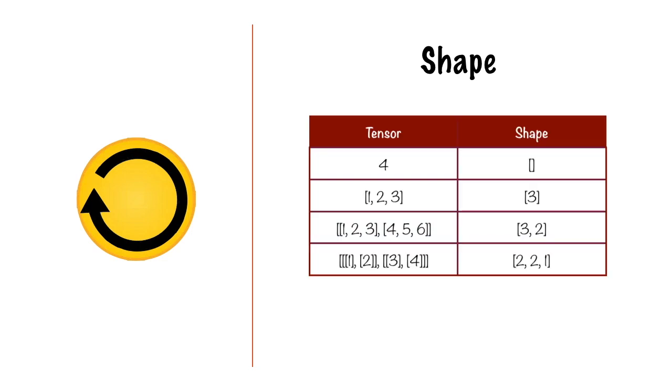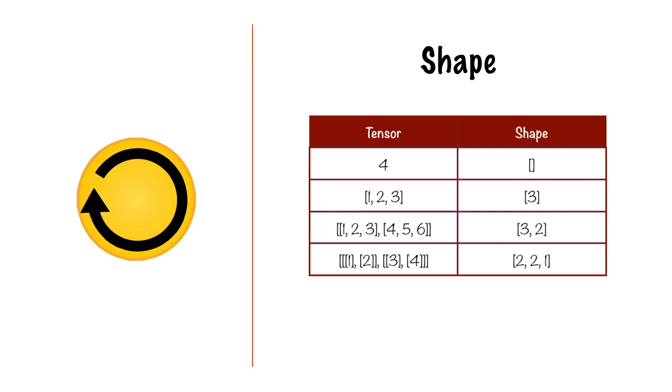The shape is a property of a tensor which tells us how many elements exist along each dimension. Now, in reality, there can be a couple of types of shapes: the static and the dynamic shape, which correspond to the maximum possible number of elements in each dimension, and the current number of elements in each dimension, respectively. It's also important to note that the shape itself is a vector. It's going to have one element corresponding to each dimension in the tensor.